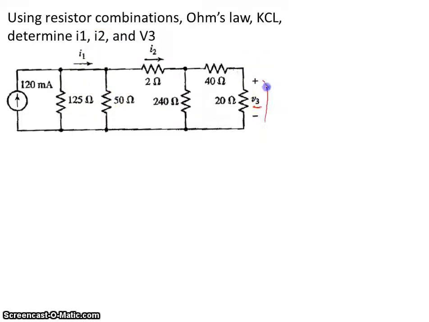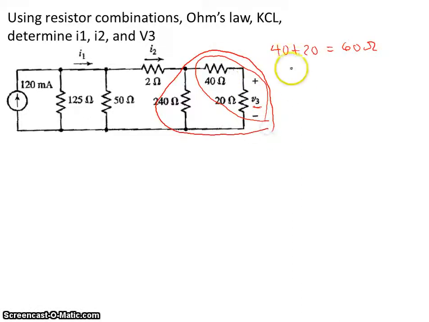So we're going to start by combining these two resistors into one, and that's just resistors in series. 40 plus 20 is equal to 60 ohms. Now we will combine it with the 240 in parallel, so 240 ohms in parallel with 60 ohms.